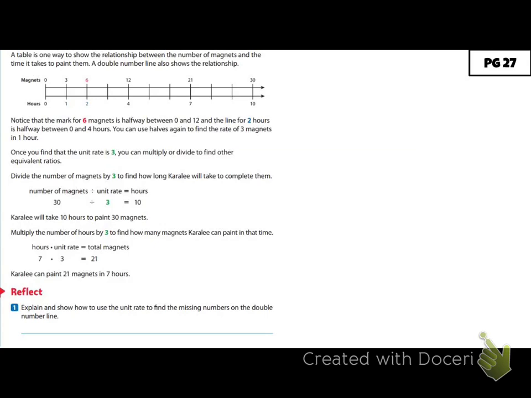Now we're going to keep going. We just did 5. So next on the number line is going to be 6 right here. So if you do 6 hours times our unit rate of 3, that gives us 18 magnets. So we're going to skip 7 because 7 has already been given to you.